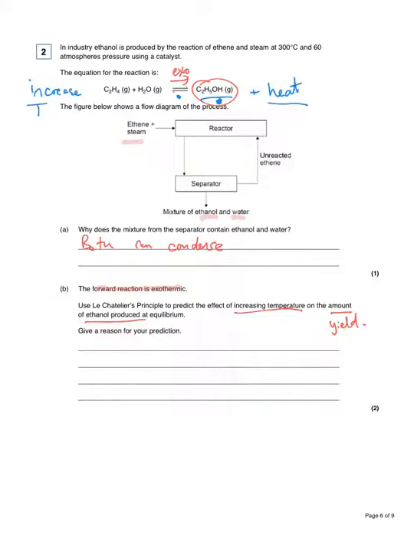So the equilibrium will go in that direction to remove the heat that you've just put in. So if the equilibrium moves left, then actually it will produce less of my product, ethanol. Okay, if the equilibrium were to move right, it would make more ethanol.